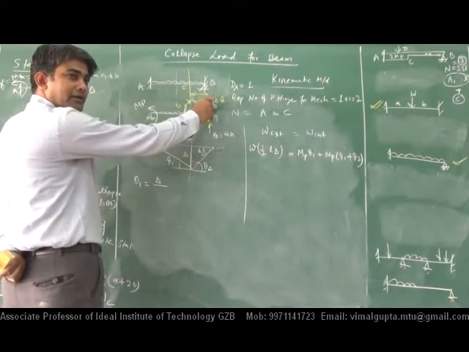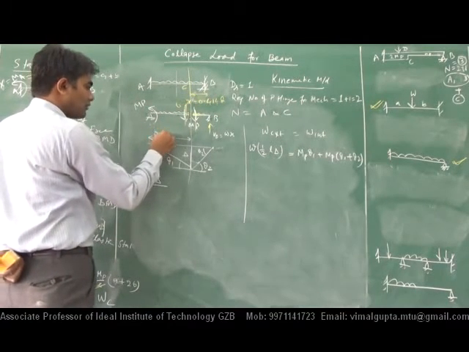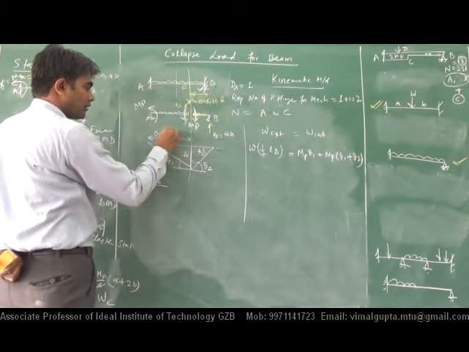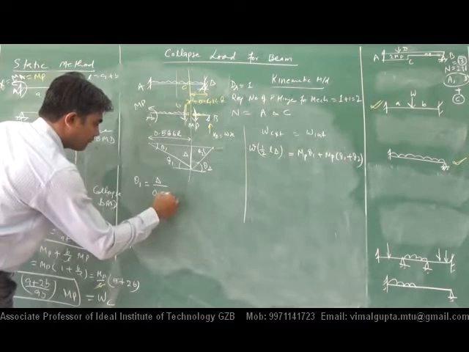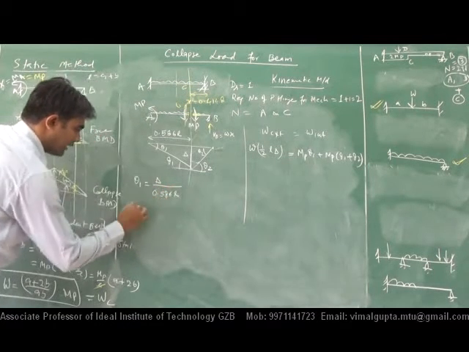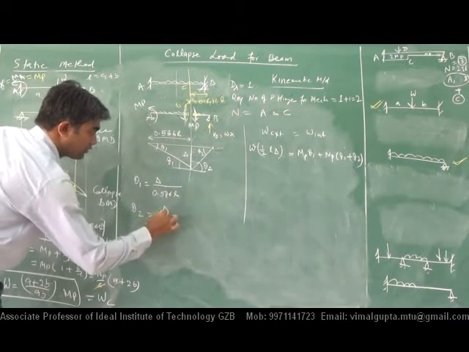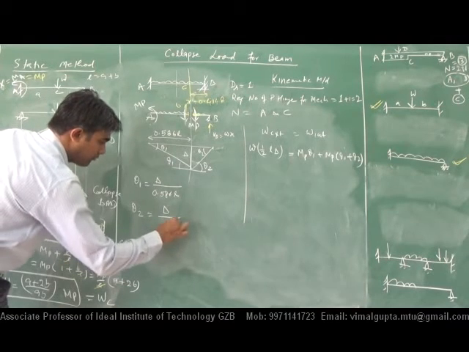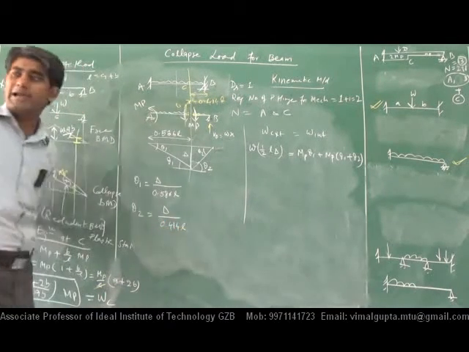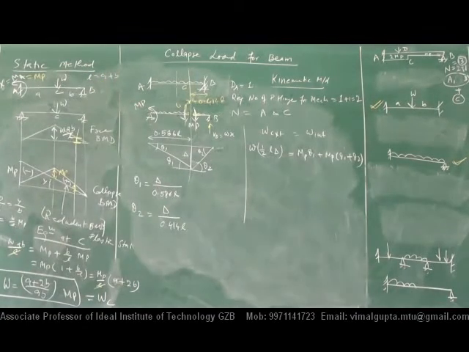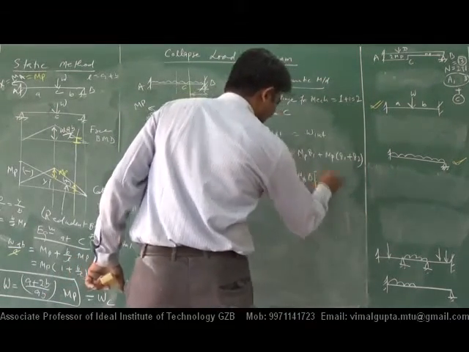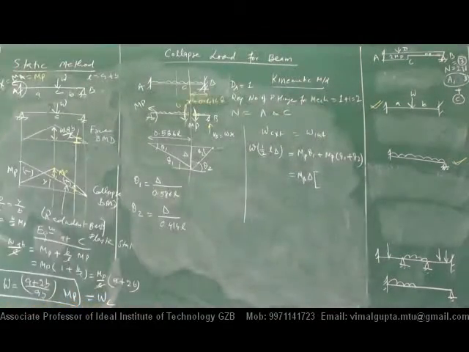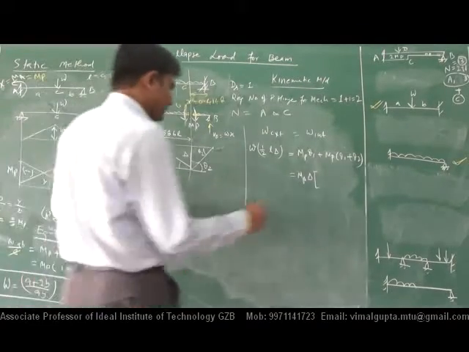L minus this one, so it is 0.586 L. And the value of theta 2 is delta by 0.414 L. Put that value here. So MP and delta can be taken out.